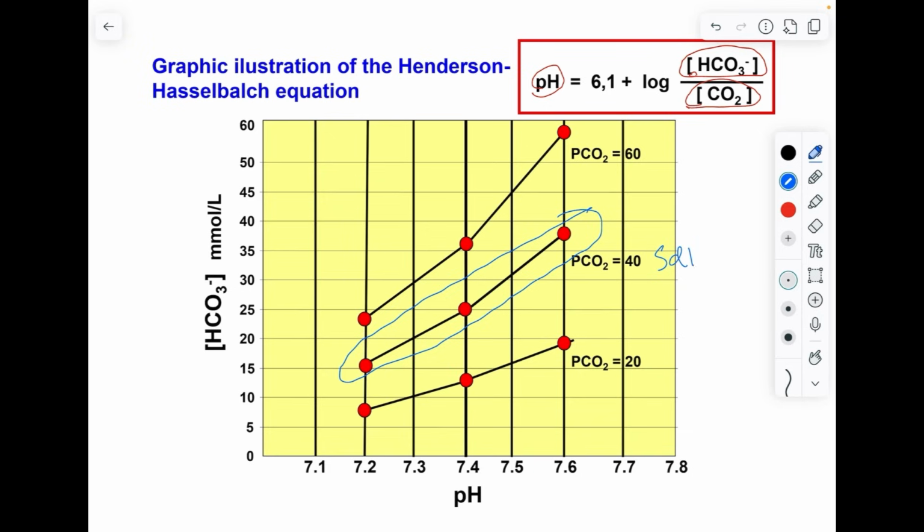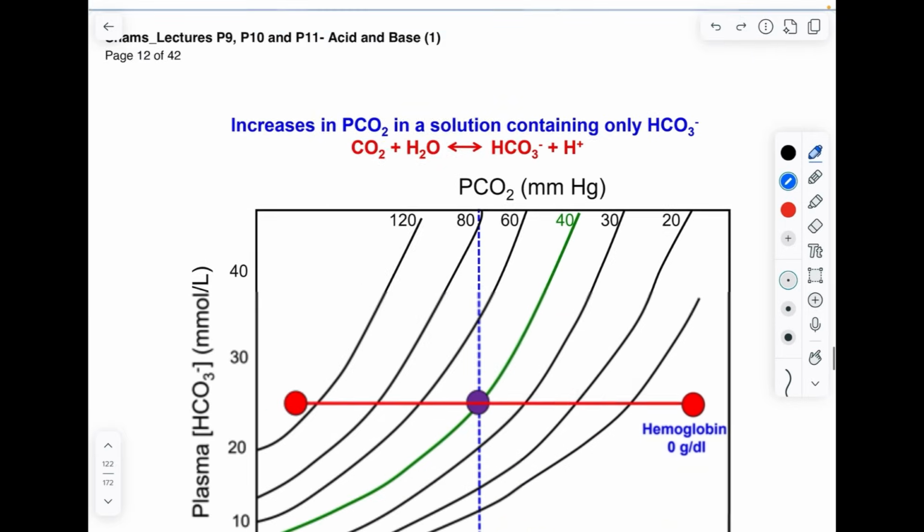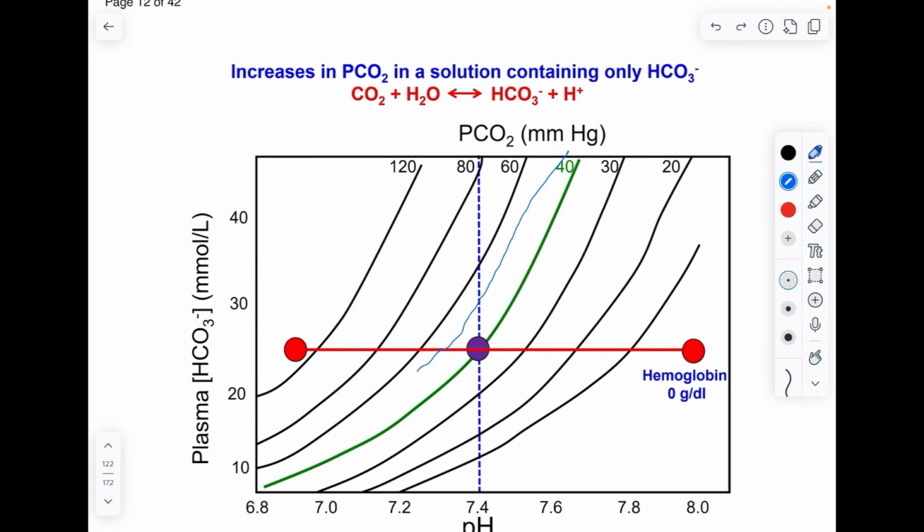Iso means same. Bar, you remember barometric pressure, comes from pressure. So it's a line where we have the same pressure of CO2. Okay? So here we have isobar 40, when the PCO2 is 40, and when it's 60, and when it's 80, and when it's 120, and when it's 30, and when it's 20, all of that.